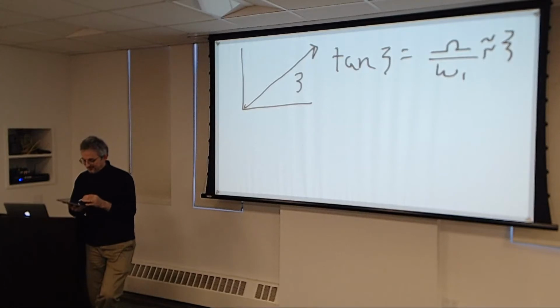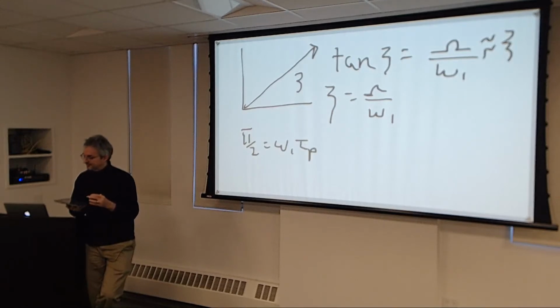So a first order Taylor series expansion says that zeta is approximately capital Omega over omega 1. But remember, on resonance, pi over 2 would be equal to omega 1 times the length of the pulse, since on resonance we wanted a 90-degree pulse. So omega 1 is pi over 2 over the length of the pulse.